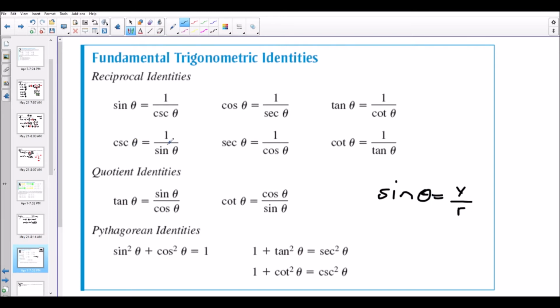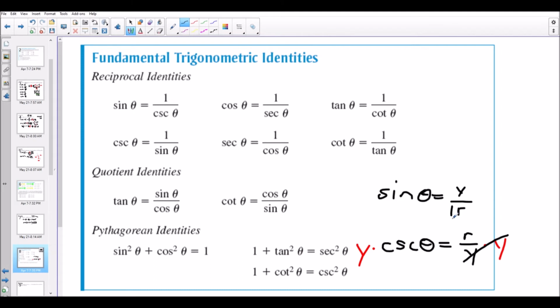The cosecant is equal to your radius over your y value. Now you can solve this equation for r if you wanted to. If you multiply both sides by y, you would get r equals y times the cosecant of theta.